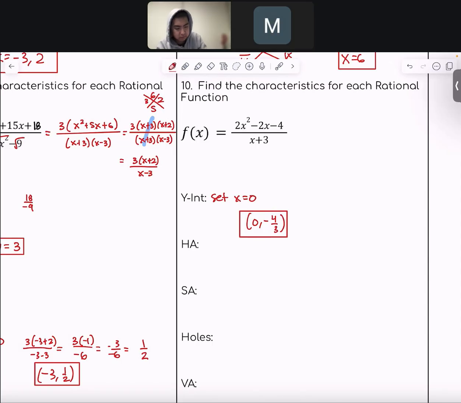For the horizontal asymptote, you look at the degree of the top compared with the bottom. The numerator is greater than the denominator, so that means the horizontal asymptote is none. Now, for the slant asymptote, because the degree up top is 1 degree higher than the bottom, this is where you will have a slant asymptote, so you gotta do your long division.